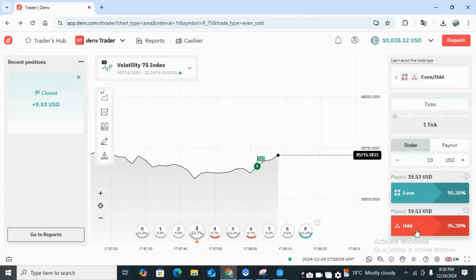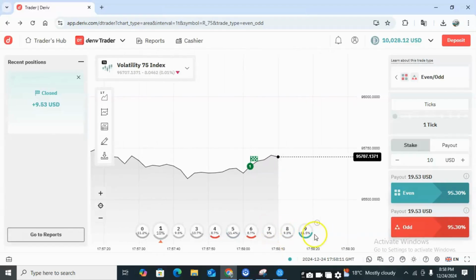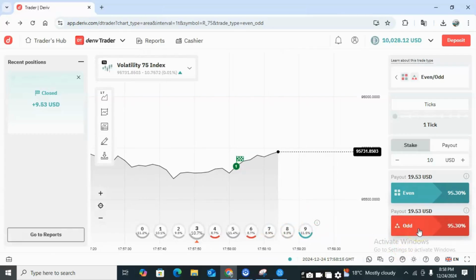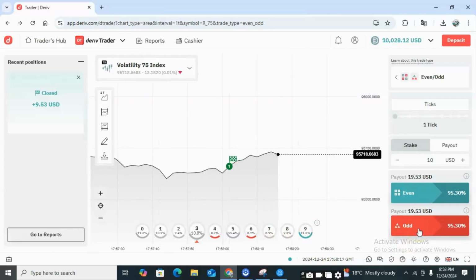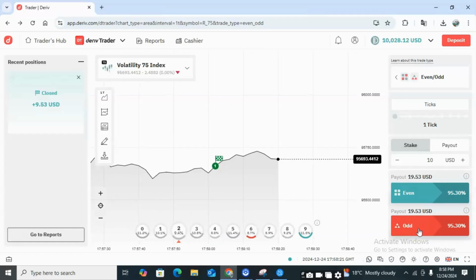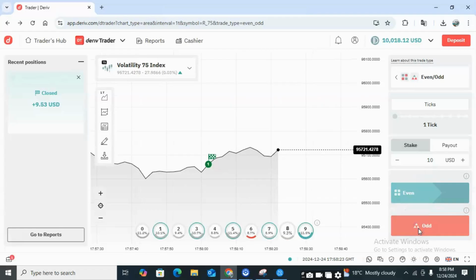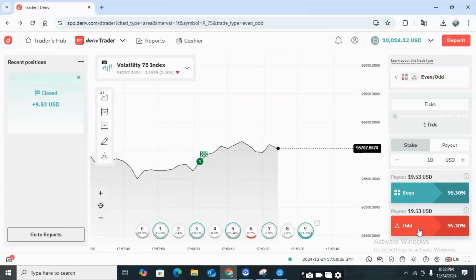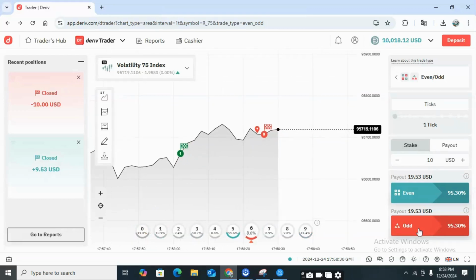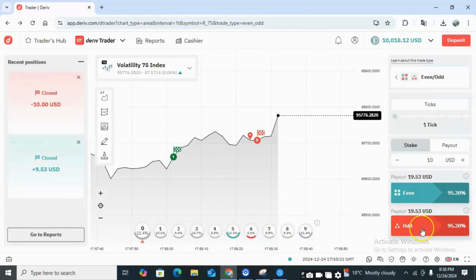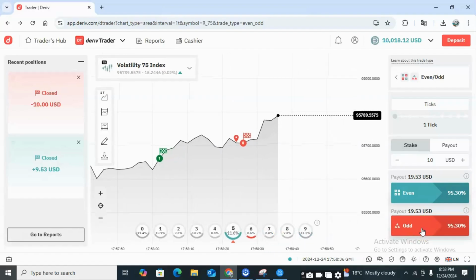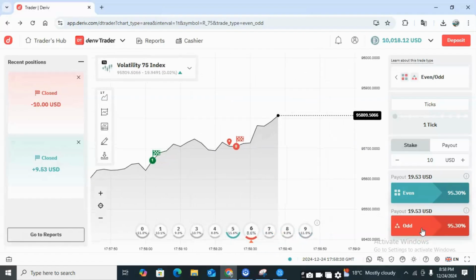So let's wait again. Oh, the green bar has shifted to 9, but let's try the market anyway to see how it works. Okay, even numbers 4 to 8. We enter odd. That's a loss. We have 1 win. Although you can see 5 and 9 are trying to share the digit, 9, 5, 6.